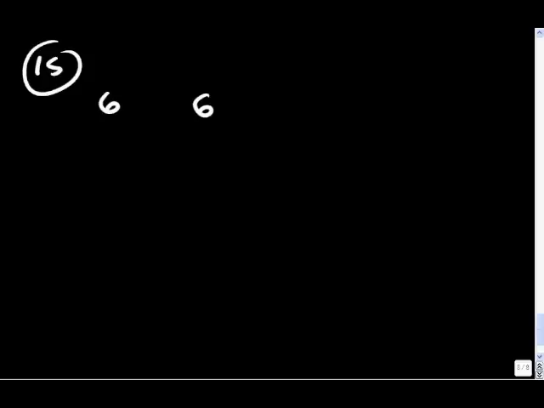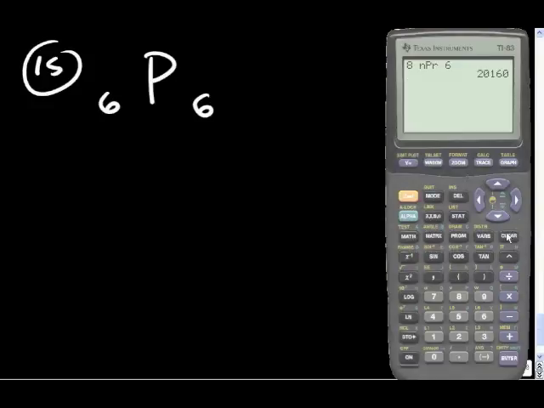So to minimize this, that means they care about the order, which makes this a permutation. You care about the order. So we're going to compute 6P6. We could go to our TI, 6, math, probability, permutation, 6, enter, and we find the answer is 720.